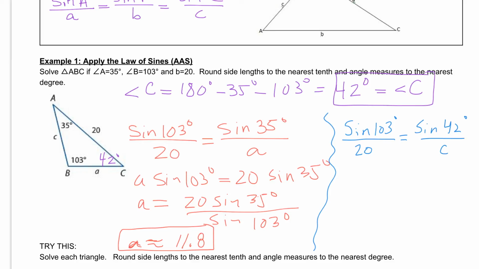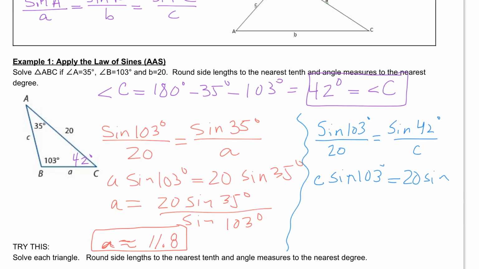I'm going to cross multiply in order to solve for c. And I get c times the sine of 103 degrees equal to 20 times the sine of 42 degrees. The only thing I have to do to solve for c is divide by the sine of 103 degrees. And I get c equal to 20 times the sine of 42 degrees over the sine of 103 degrees.